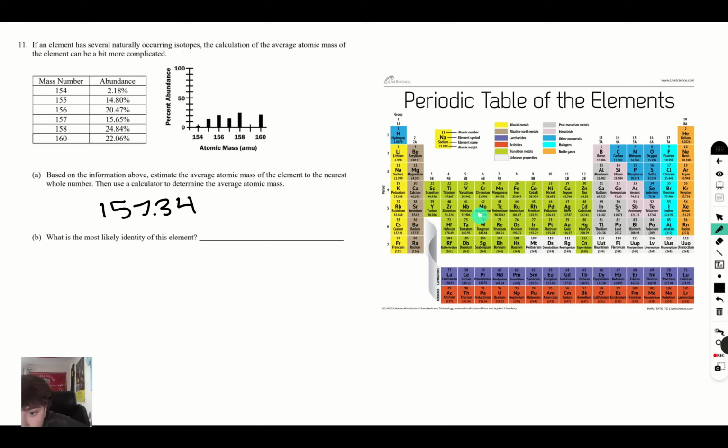We just take a look at our periodic table, see which element is closest to 157.34. And it's going to be down here. I believe it is gadolinium, Gd, because that's the one that is very close to this value, 157.34. This is 157.25.